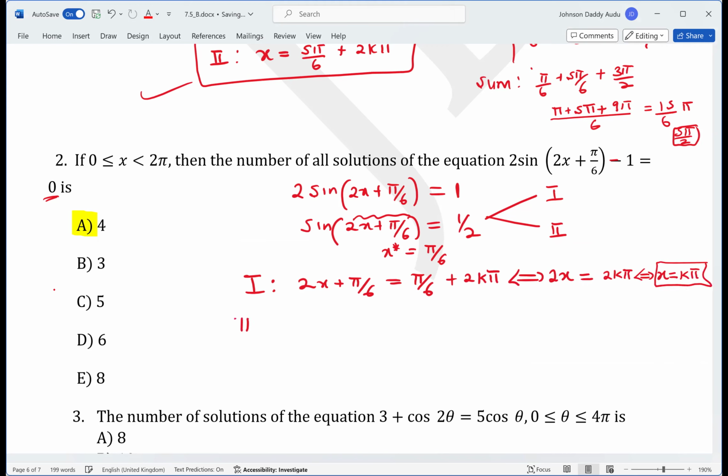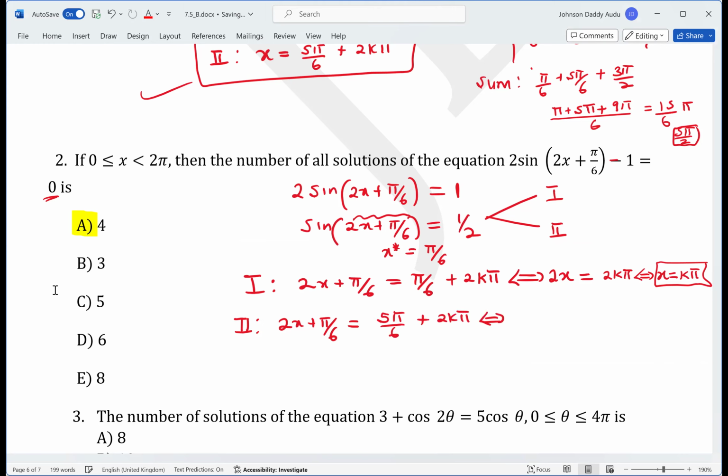Now, if we are in the second quadrant, 2x plus pi over 6 will be what? Since we are in the second quadrant, we need to remove pi over 6 from pi, right? So you will have 5 pi over 6 plus also 2k pi.